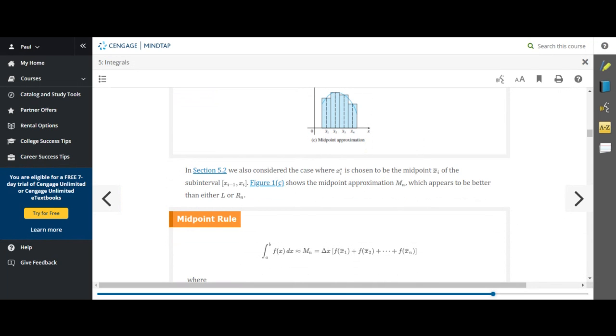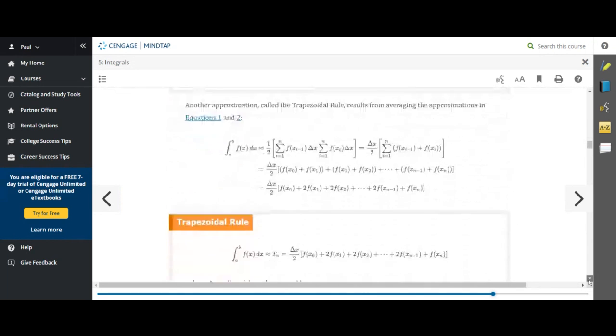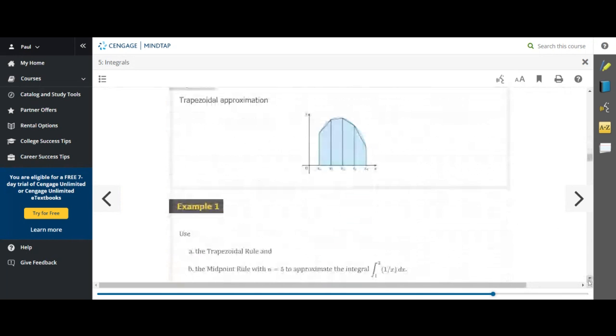In every subinterval, you pick the midpoint to determine the height of that rectangle. That's the midpoint rule. And this is really review, we talked about this in the last lesson. Here's a picture of the trapezoidal rule. There, you are using trapezoids along every subinterval.